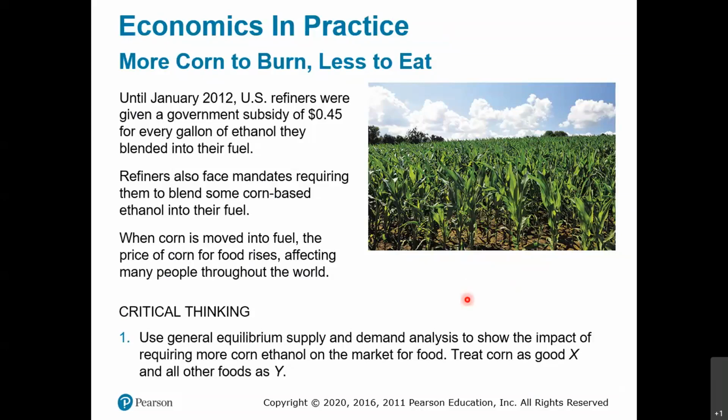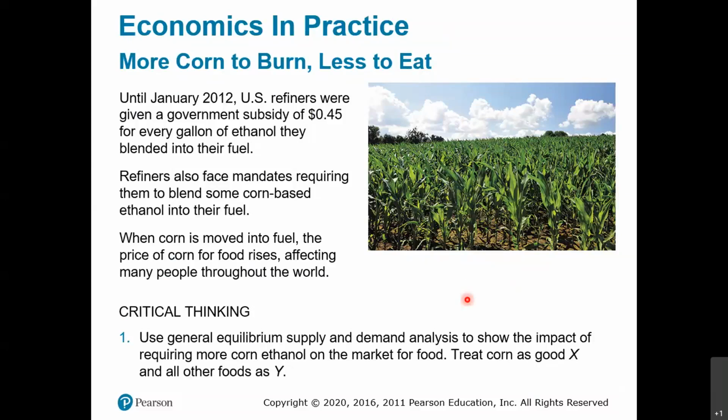As the farmers quit putting their corn into the food market and started putting it into the fuel market, the price for corn for food rose. Now, for me, I didn't really care. You know, I go to the grocery store, okay, fine. I pay an extra nickel or dime for an ear of corn, zippity-doo-dah, right?